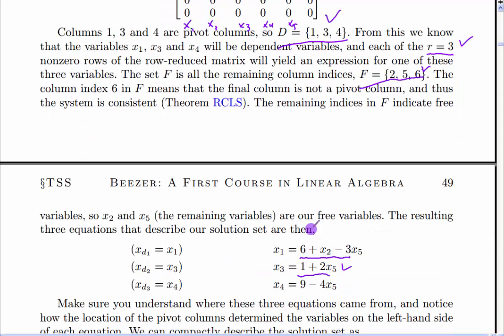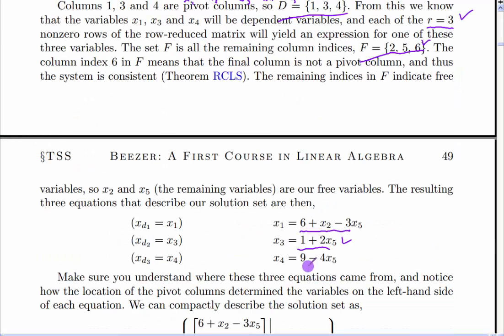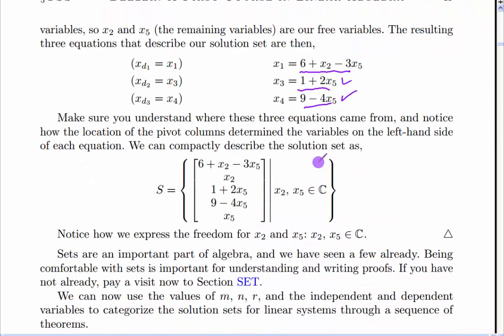And you can see that the third equation is x4 equals 9 minus 4x5. This is correct. So I can express my solution again in terms of the free variables. Here now we have 2 free variables, x2 and x5. And my x1, x3, and x4 can be expressed in terms of those 2 free variables.